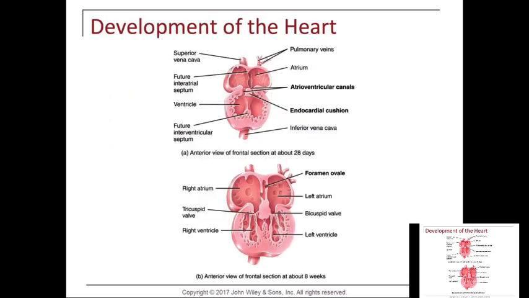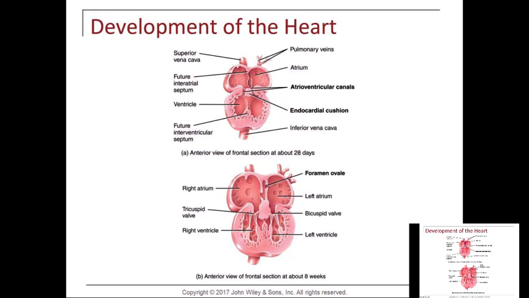In terms of development of the heart, I just wanted to show you how during the initial stages of heart development, you really don't see the distinct four chambers. You see here, there's no division separating both of those atria.